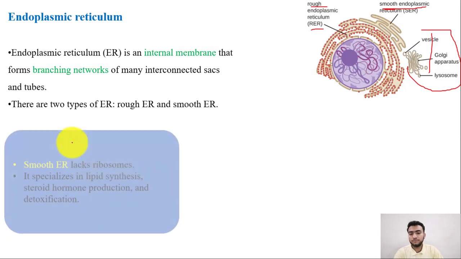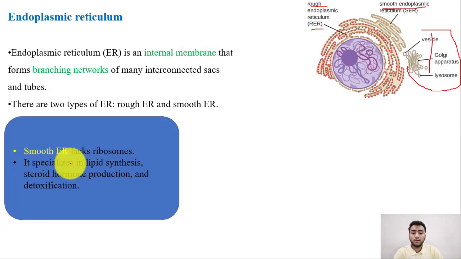A smooth endoplasmic reticulum lacks ribosomes. So the function is specialization in lipid synthesis, steroid hormone production, and detoxification. I'll tell you that detoxification is really the function of the liver.